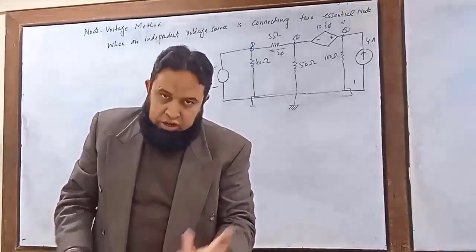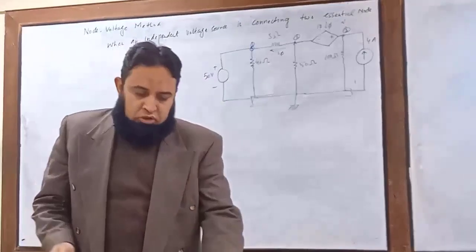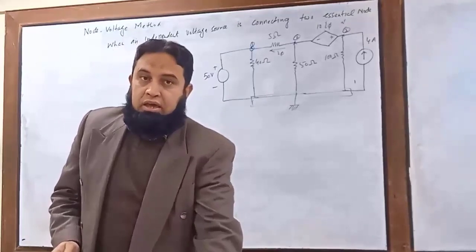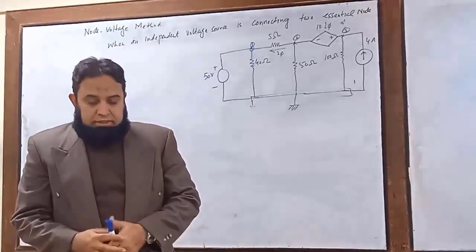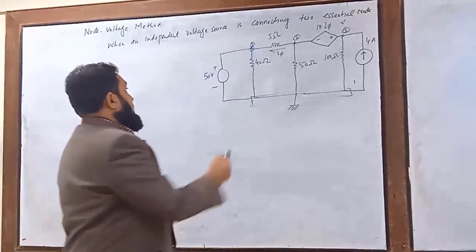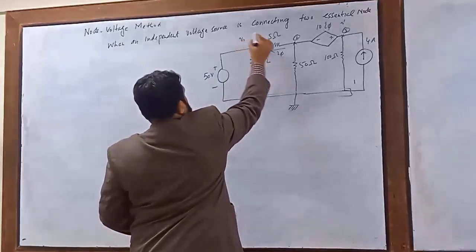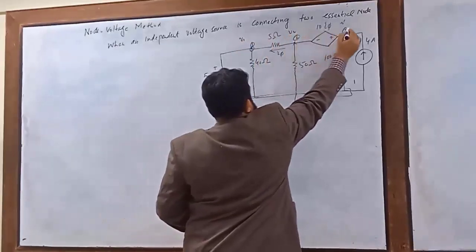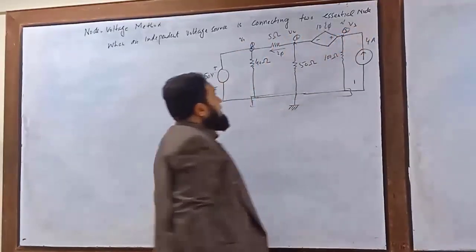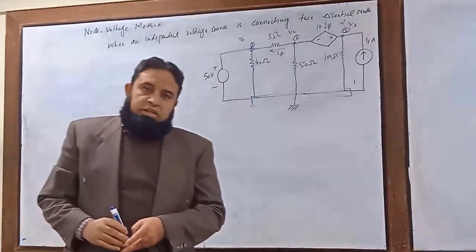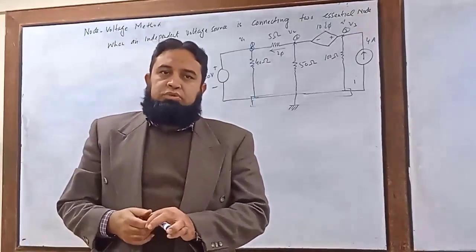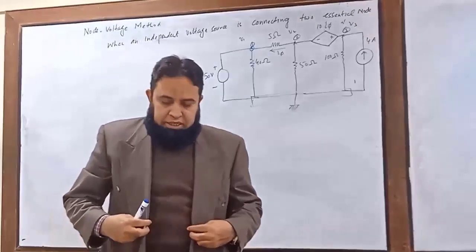Okay, so 4 essential nodes, and of course we need 3 equations to solve this circuit. So let's label V1, V2, and V3 like this. The voltage at node 1 is V1, at node 2 is V2, and at node 3 is V3.